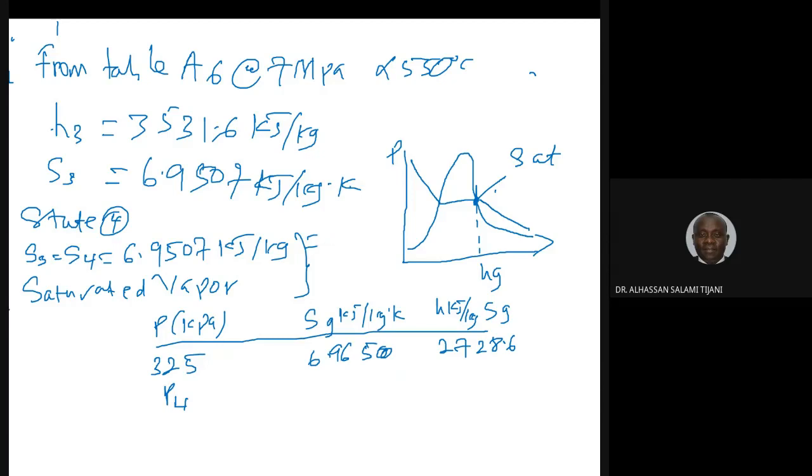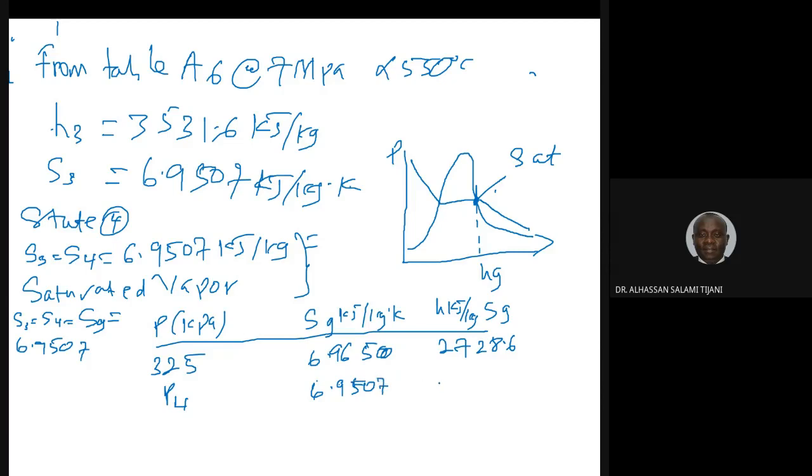So S3 equals S4 equals Sg, Sg at the given pressure. But we know Sg to be this. This equals 6.9507. So I'm going to write 6.9507.